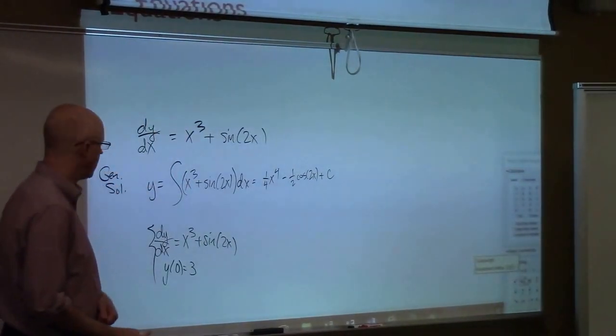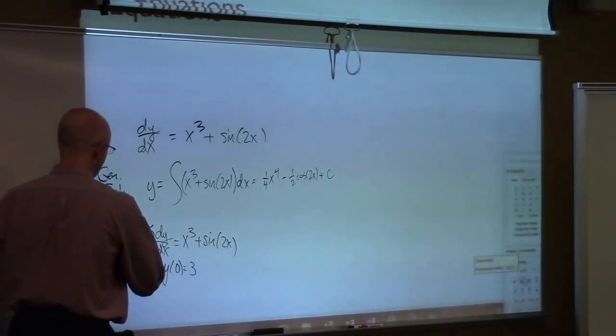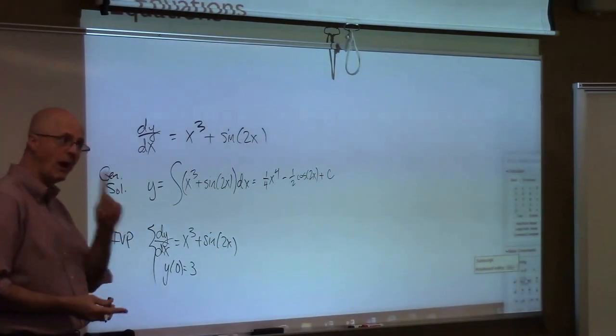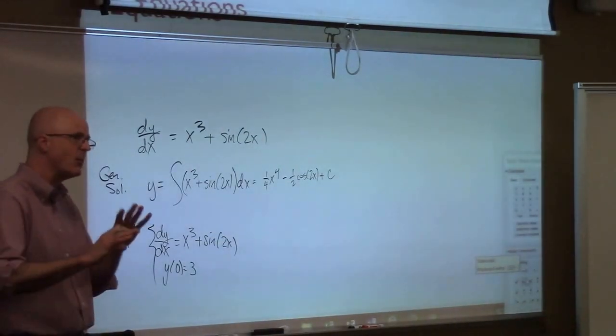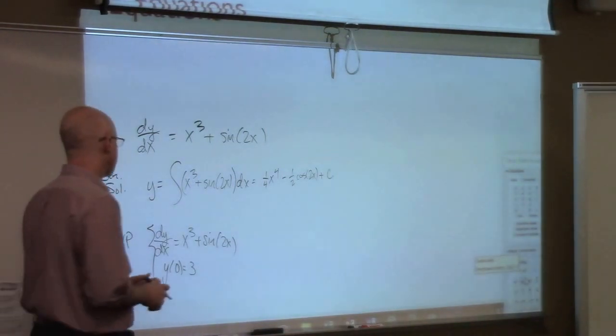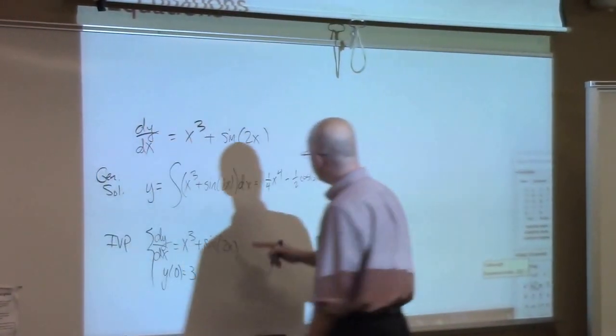That set of 2 equations is called an initial value problem. And typically, initial value problems have just one answer. Not always. There are some weird cases where you can get more than one answer.